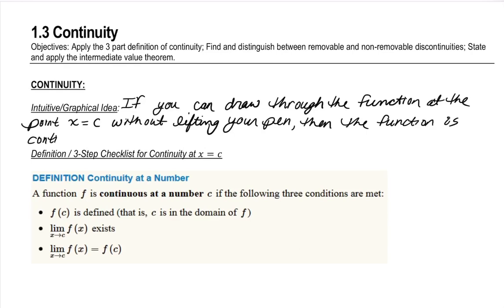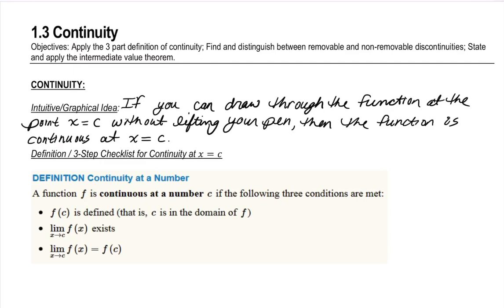So this is what you probably already have a decent notion of. You might even think about it in a bigger picture, like an entire function is continuous if I can draw through the whole function everywhere without lifting my pen or pencil. We're honing in on continuity at a point.